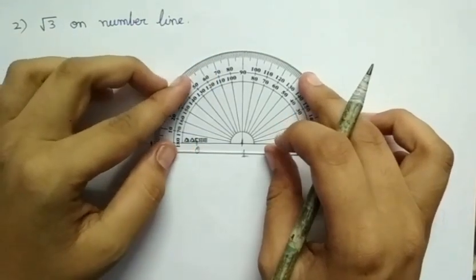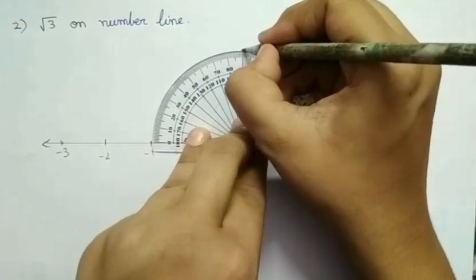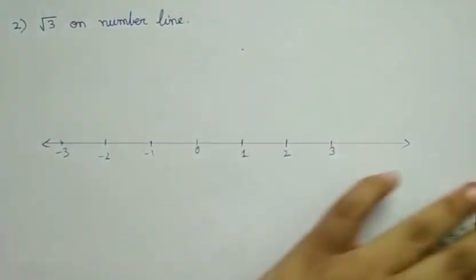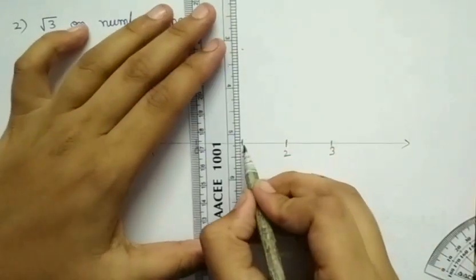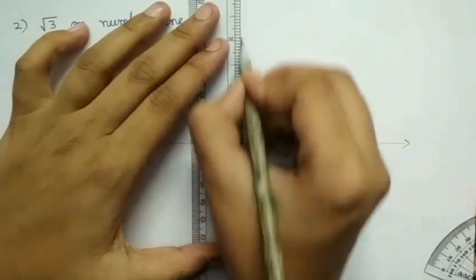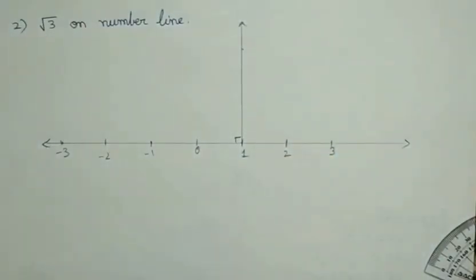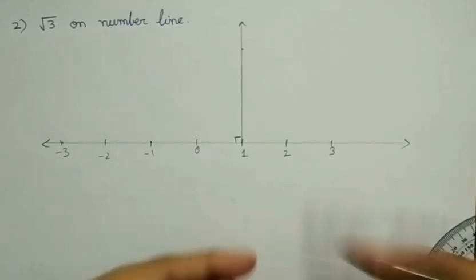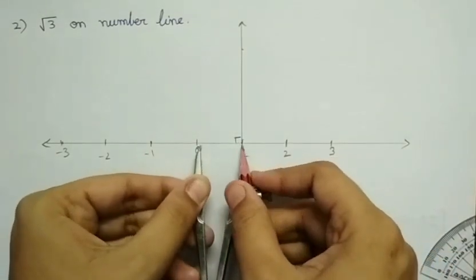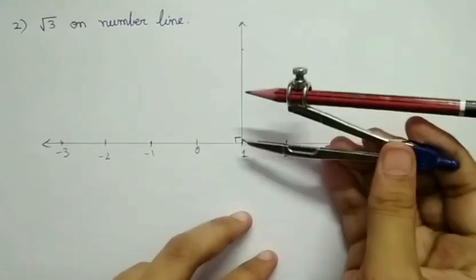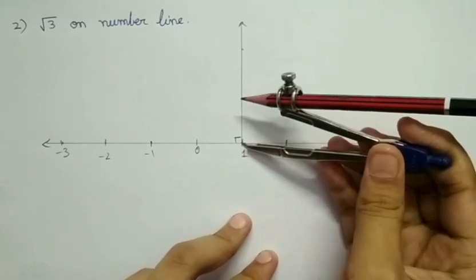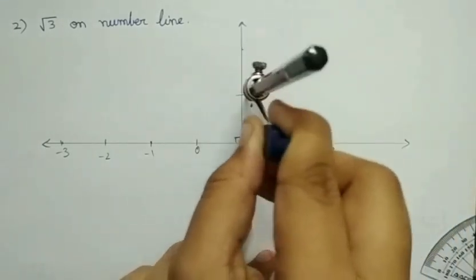Now, take the number line as a base and take a 90 degree angle. This is 90 degrees which is perpendicular to the number line. Now, take the distance of 1 unit and cut an arc on the perpendicular line.